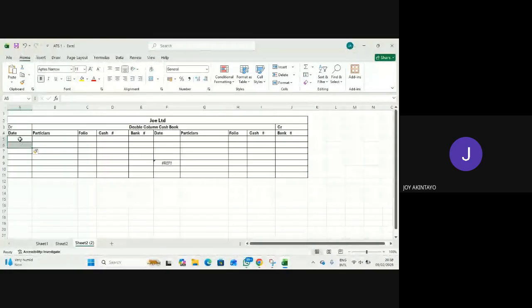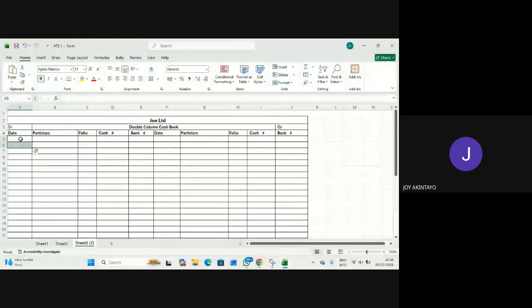Are we ready? So, now we need three things. So, your discount received will be on the debit side.